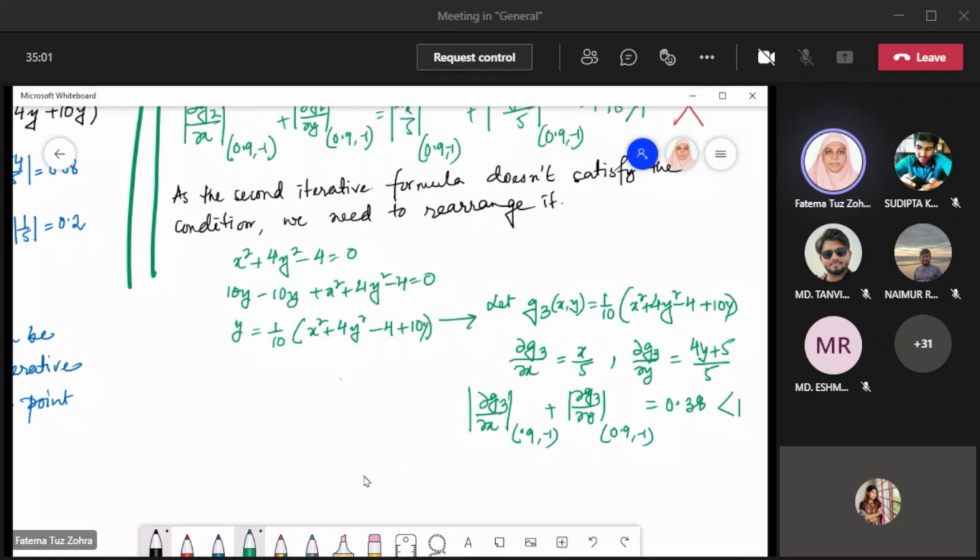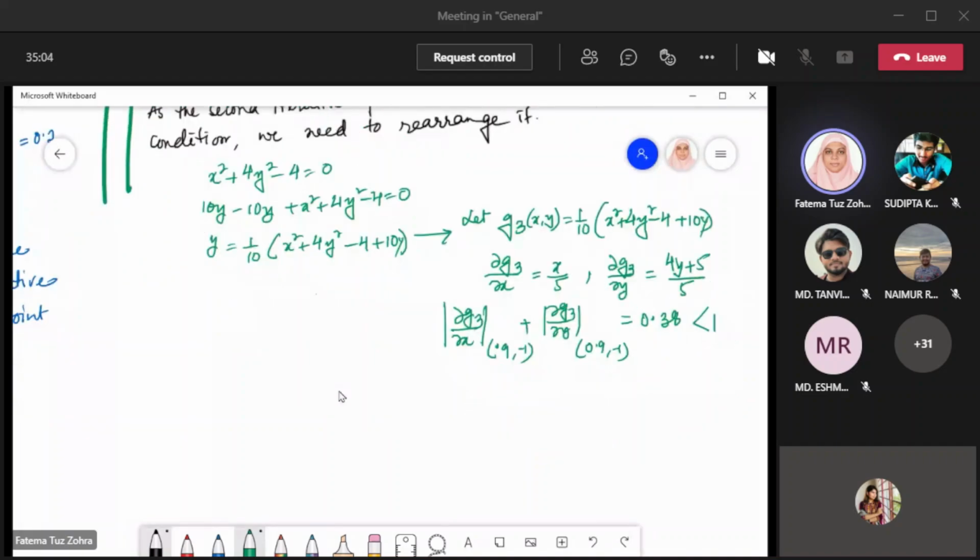So we got our iterative formula. G1 gives us the iterative formula x(n+1) is equal to 1 by 5 of xn square minus yn plus 3, and G3 will give us the next iterative formula, that is y(n+1) is equal to 1 by 10 of x(n+1) whole square plus 4yn whole square minus 4 plus 10yn.